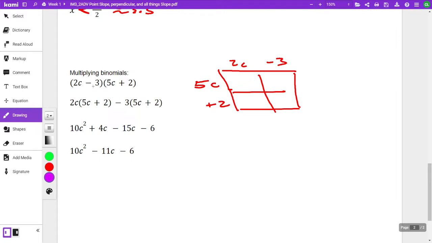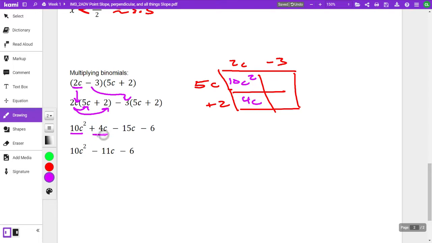I split mine up. I take 2c and move it here, and I put negative 3 there. Then all I do is distribute. 2c times 5c is 10c squared, since 5 times 2 is 10 and c times c is c squared. Then 2c times 2 is 4c.